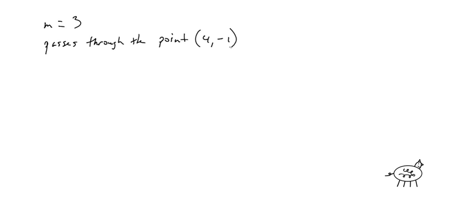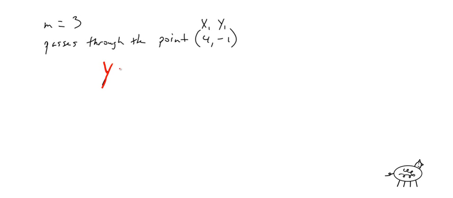Okay, so let's start out with an example here. If I tell you m is equal to 3 and it passes through point (4, -1). All right. So it's actually very easy. First of all, this is x1, and this is y1. Literally, in fact, I'll put this in red because it's always going to be this way.